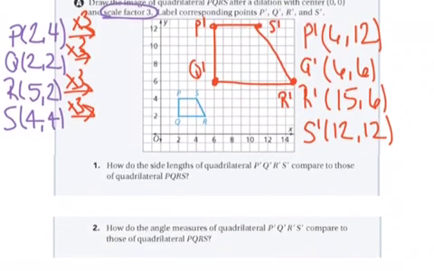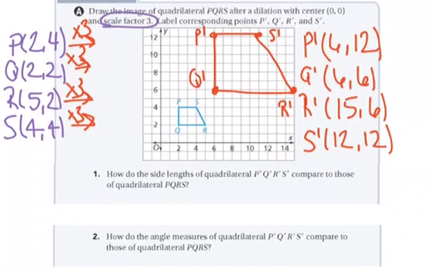If we go and answer question number 1, it says, how are the side lengths of quadrilateral P prime, Q prime, R prime, S prime compared to the original? If you go to our original, let's count the side length of QR. That would have a length of 3. Its corresponding side in the image would have a length of 1, 2, 3, 4, 5, 6, 7, 8, 9.